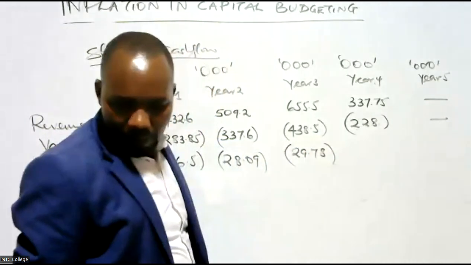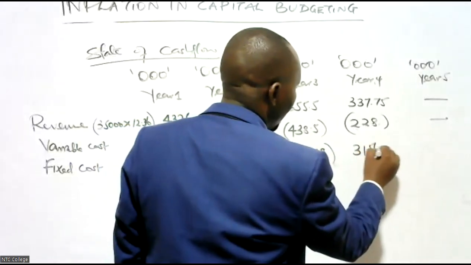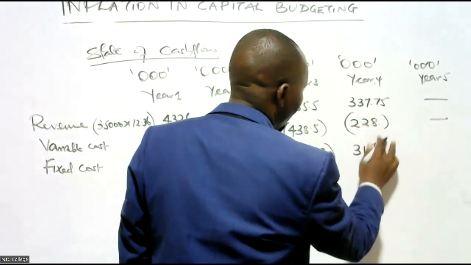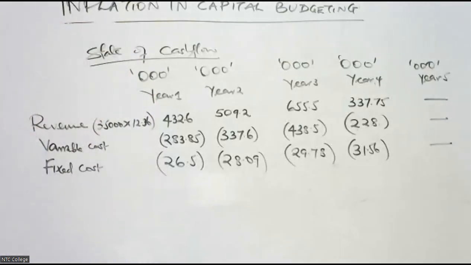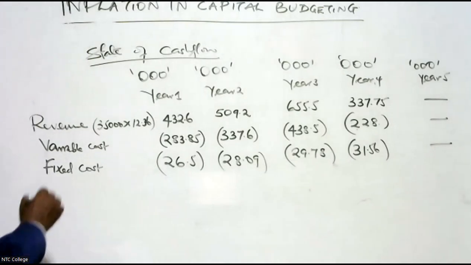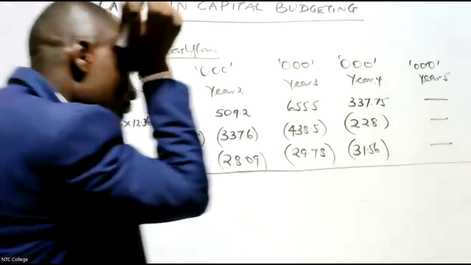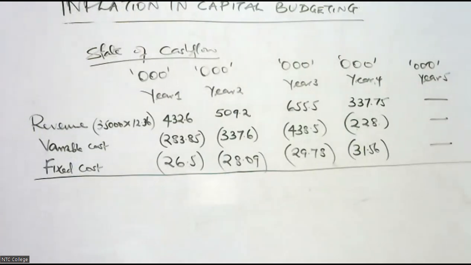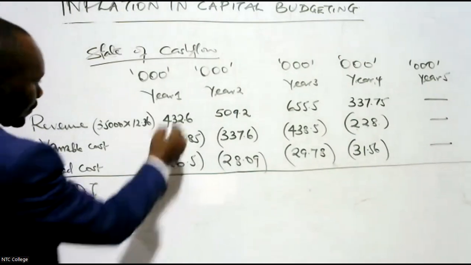Can you confirm? Then the last one is 31.6. Confirm if those figures are okay. You can now get your profit before depreciation and tax. What do you get there?